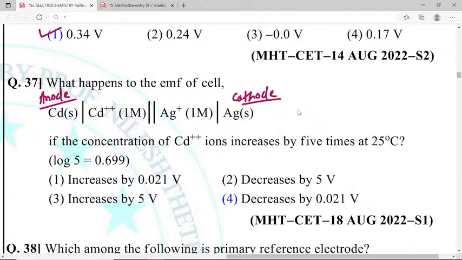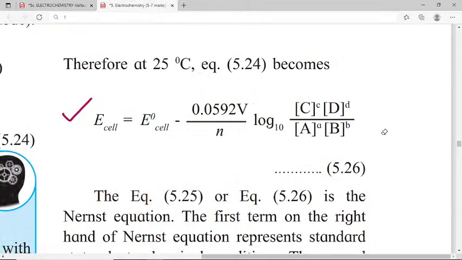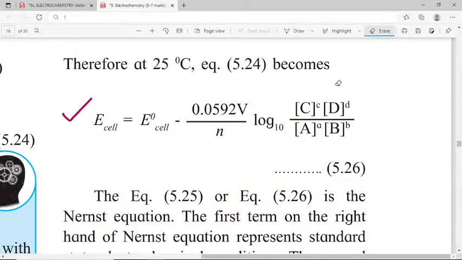If the concentration of Cd2 plus is increased by 5 times, log 5 is 0.6990. So we use the Nernst equation formula.